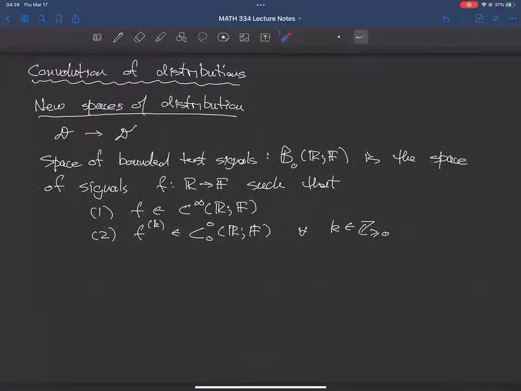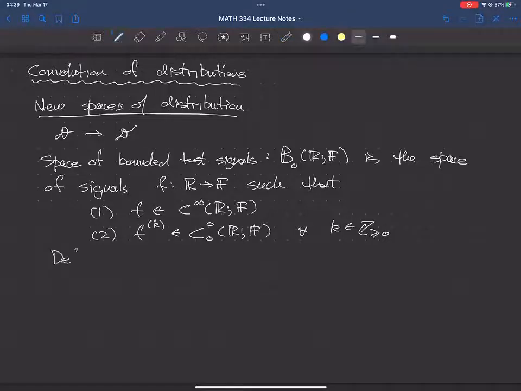Okay. So when we talked about D, we defined the space D, but really one of the most important things about D is not the space itself, but also the convergence that we define in D, and we need to do the same thing here.